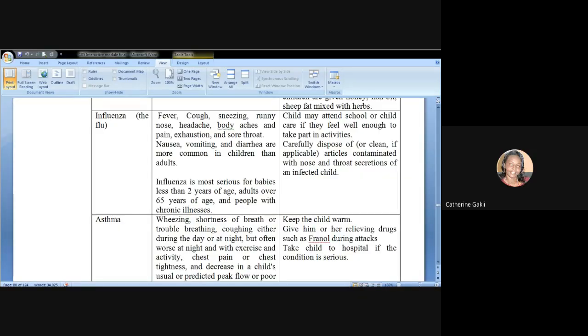For children below 2 years and above 65 years of age, and especially other people with asthma, hepatitis A, blood pressure, etc.